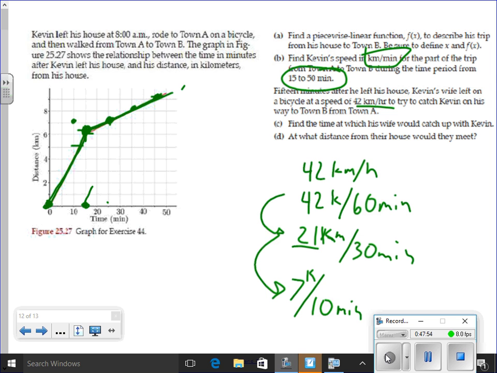So that right there is the point. That's her speed, and that's the point at which they will meet. The time would be at 25, and the distance from the house would be 7 kilometers.